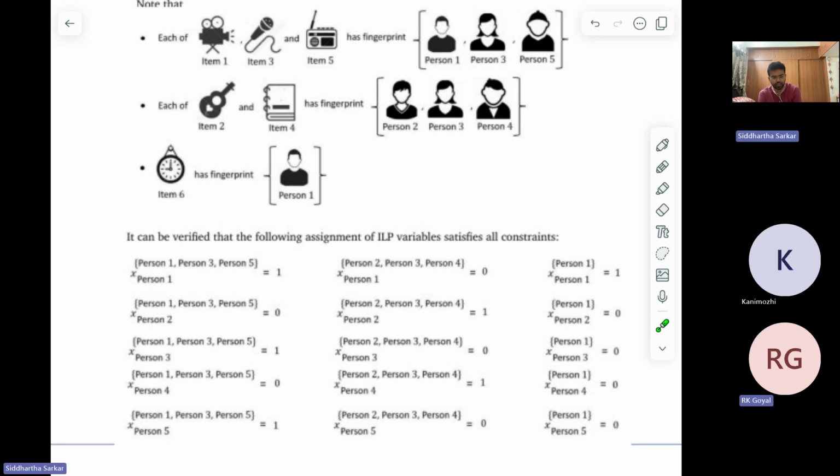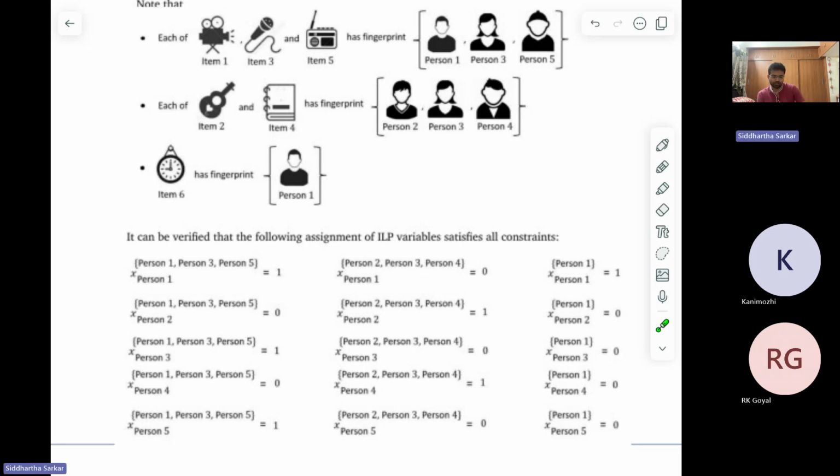So independence is there. If this is the case of independence, then the product rule will come into the picture, I guess. So 6 into 6, 36 into 1, 36 number of ways. Okay.